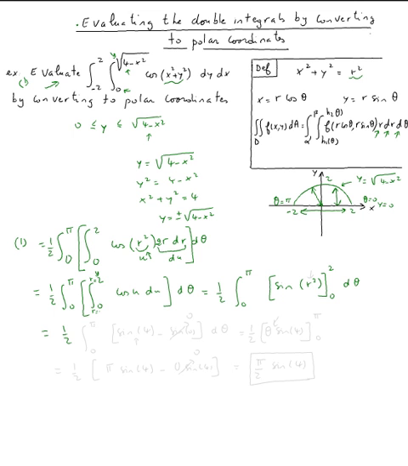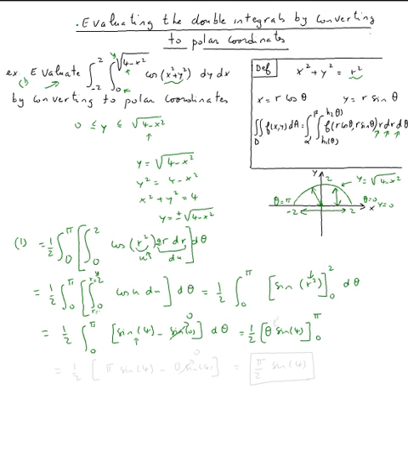This is going to be equal to 1/2 integral from 0 to pi. If I plug in the 2, I get sine of 4 minus sine of 0, d theta. This goes to 0, and this is a constant, so the integral will be sine of 4 times theta, from 0 to pi.